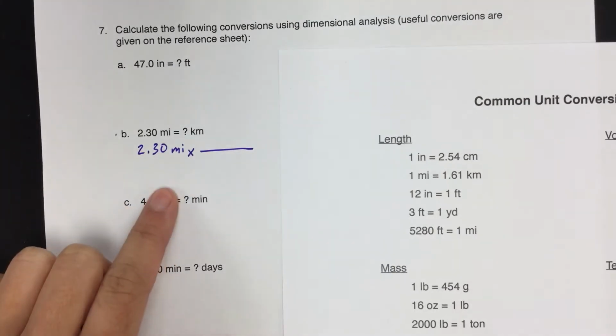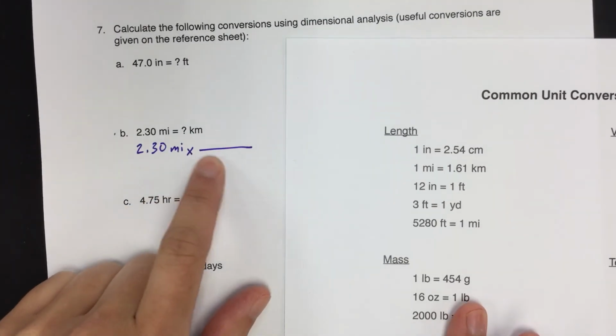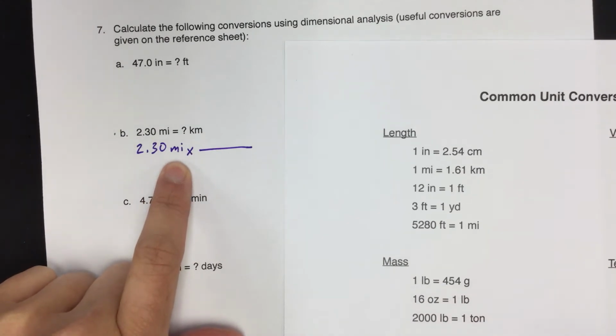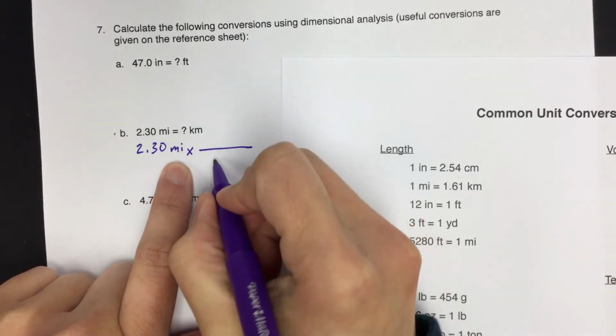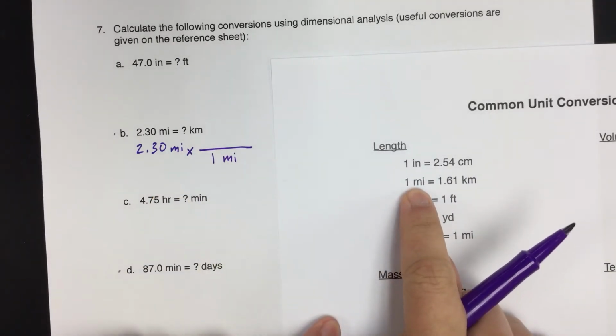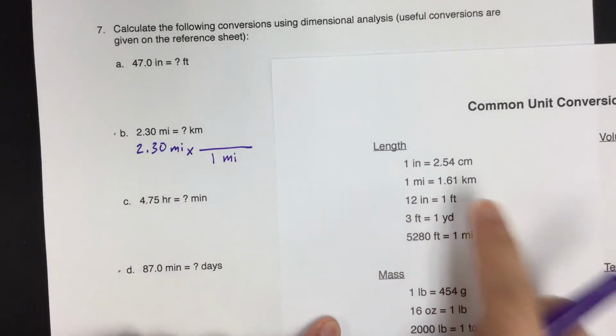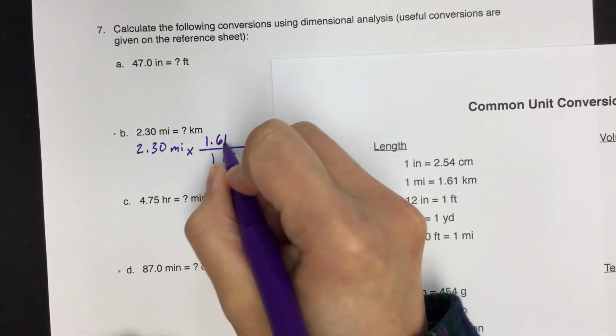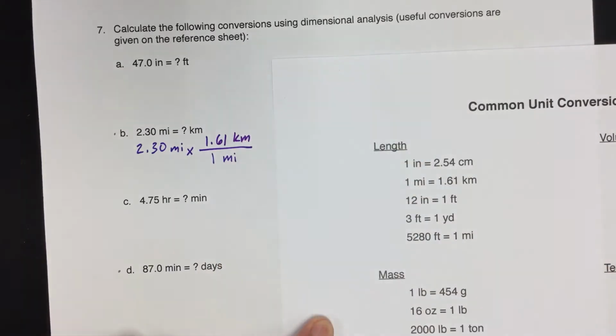So in this case, we want our miles to be on the bottom because here they're in the top. So we want the miles to cancel to give us kilometers. So we'll put 1 mile on the bottom because the number 1 goes with mile. And then 1.61 kilometers is going to go on the top because those values are equal. So the top and bottom of a conversion factor have to be equal.